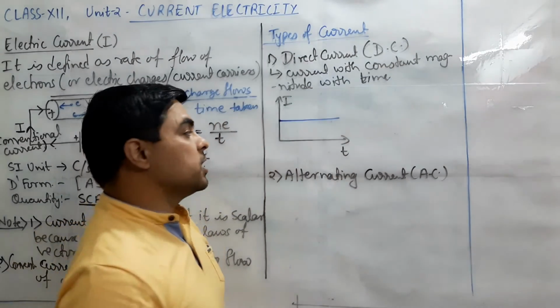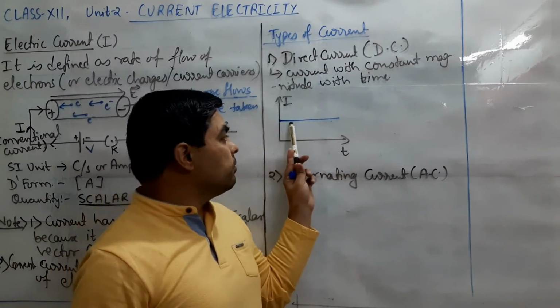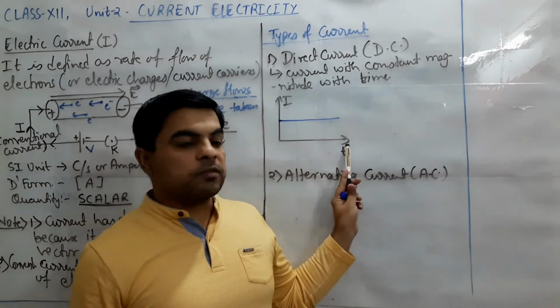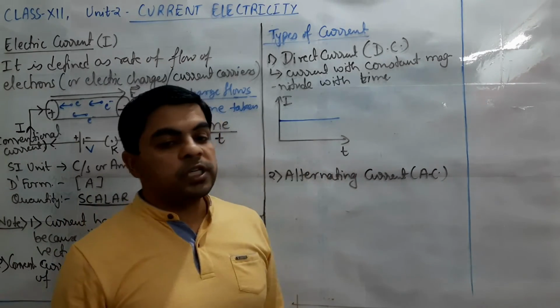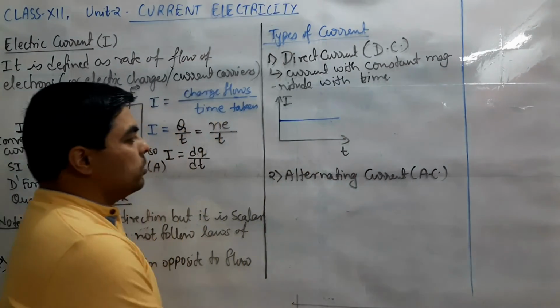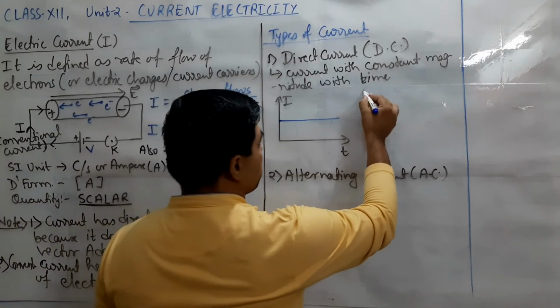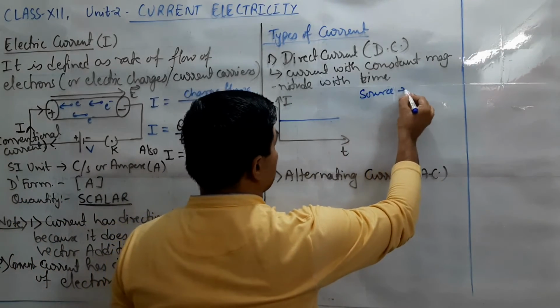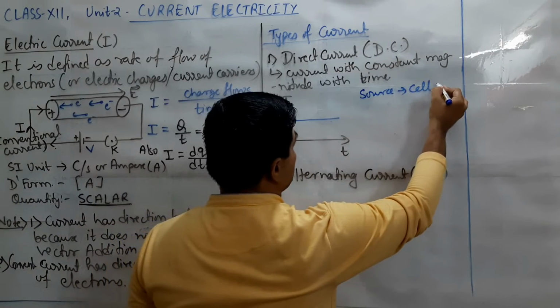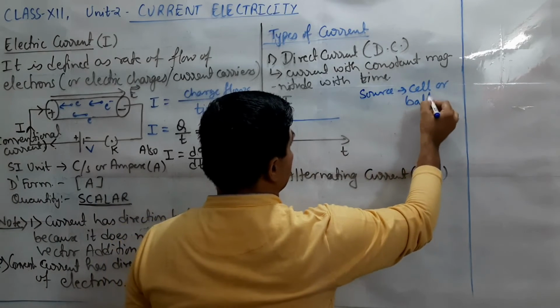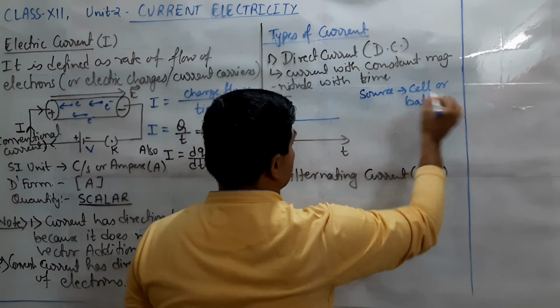It will not change its value at all. It will be a straight line parallel to the time axis, which represents that this current is constant. It is not changing its value. And as for its source, generally a cell or battery produces this type of current.